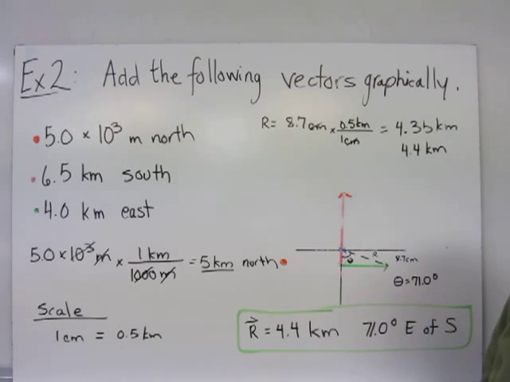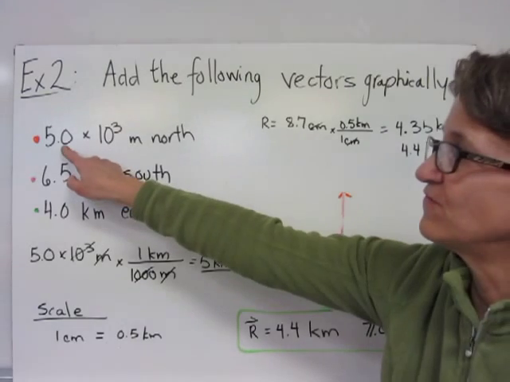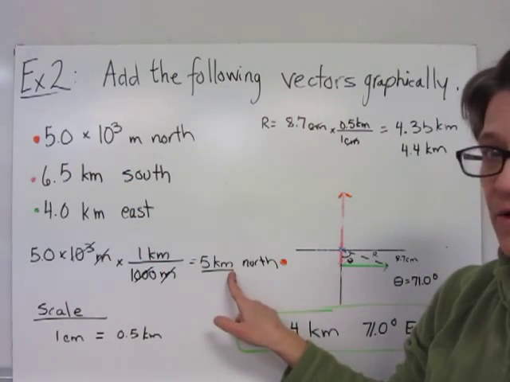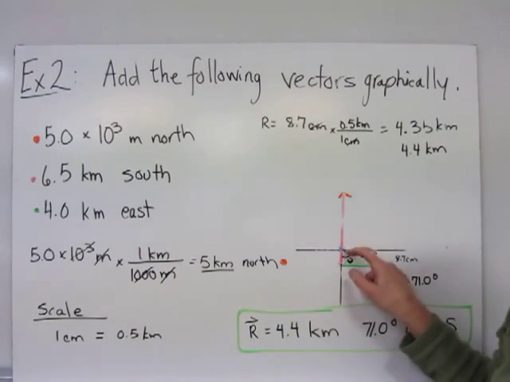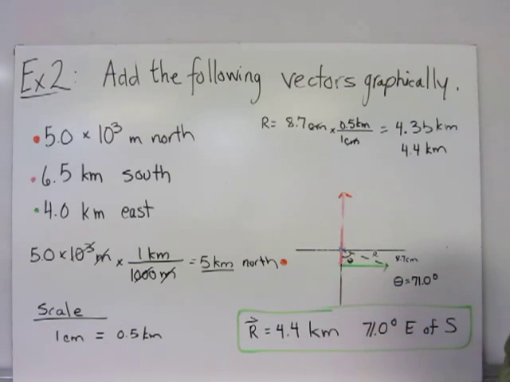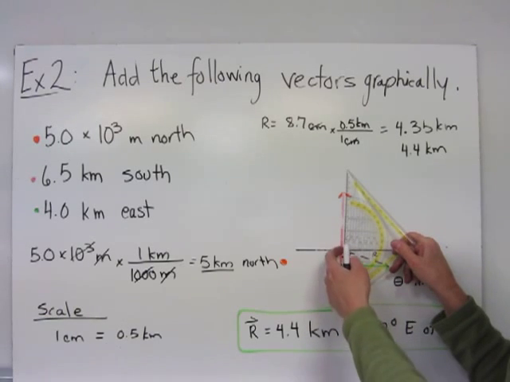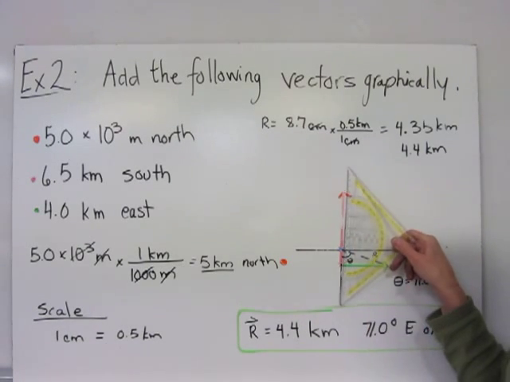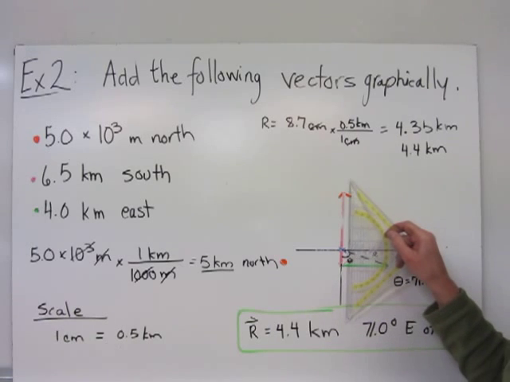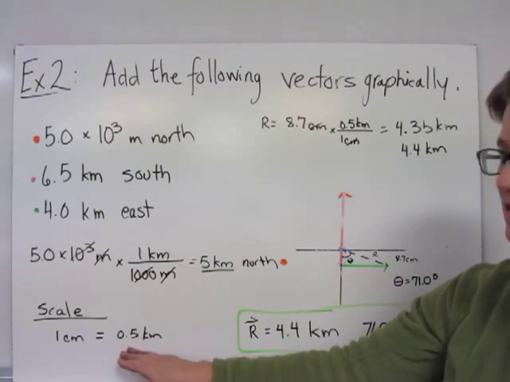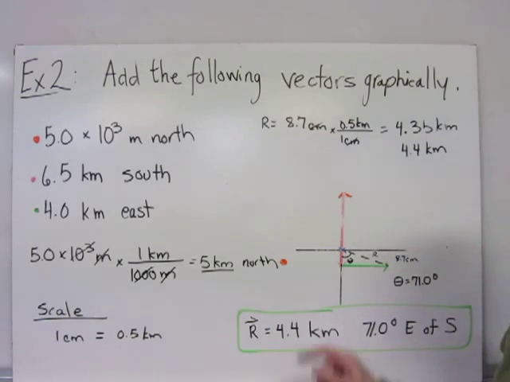Then my first vector I drew was 5 kilometers to the north. I began at the origin and drew with my ruler a vector that represents 5 kilometers to the north. So mine is 10 centimeters long because my scale is a little different.